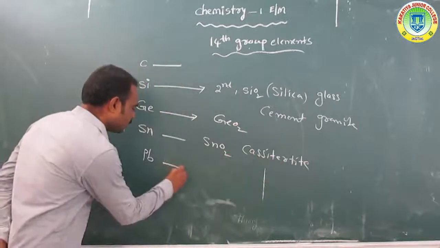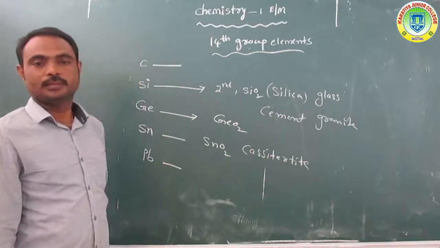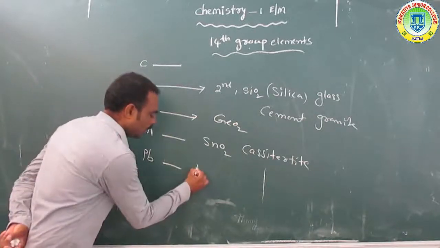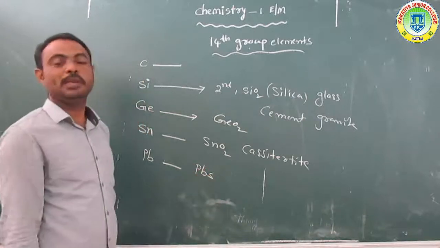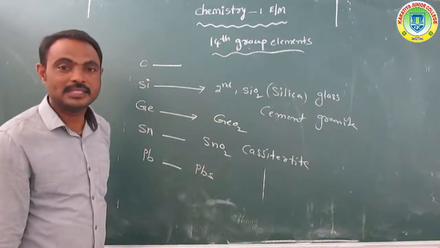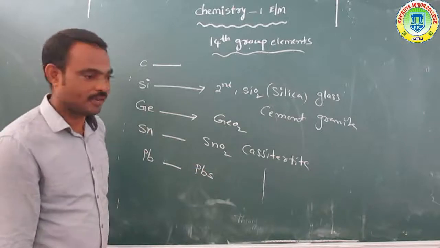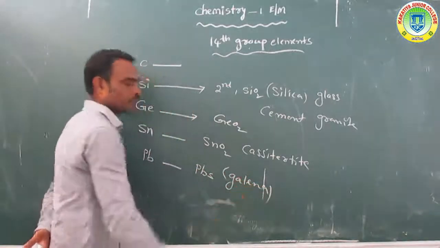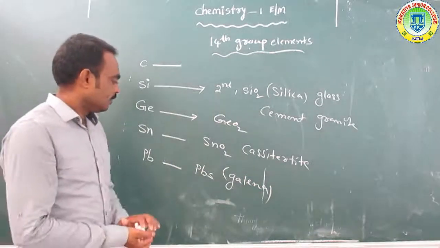Next, the last one, lead, Pb. Lead is available as PbS, lead sulfide, which is also called galena.